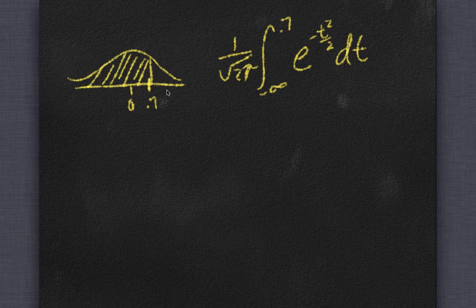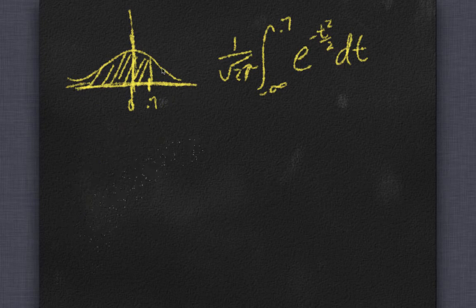If these are your axes, then this function is 1 over root 2 pi e to the negative x squared over 2. That's what this height is. So if you wrote f of x equals 1 over root 2 pi e to the negative x squared over 2, the graph would look like the normal curve.